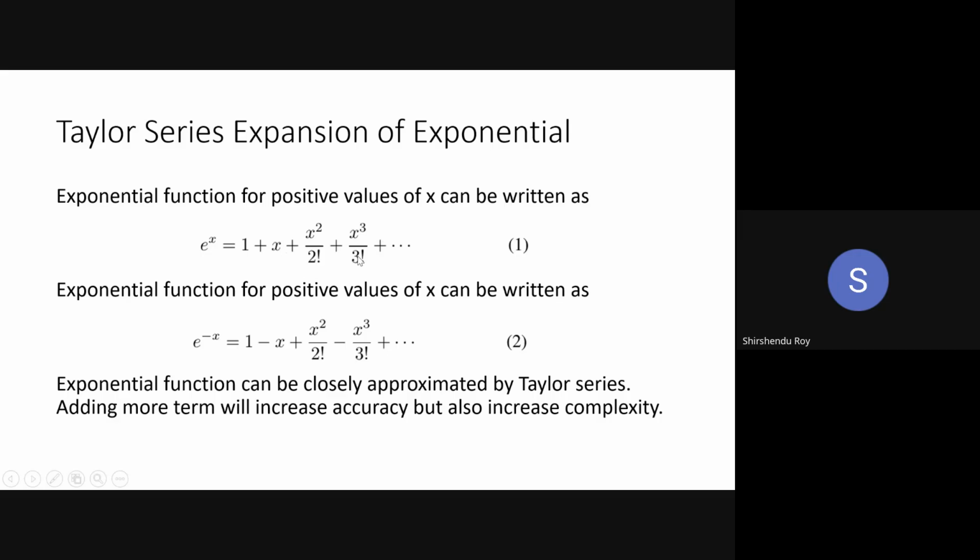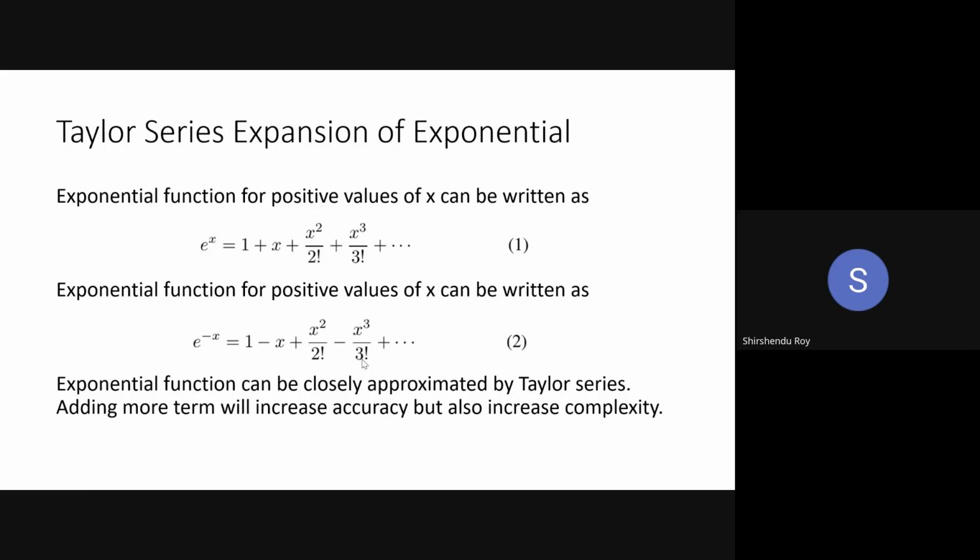I think these four terms of the Taylor series can give you an approximation of the exponential. The range, again, is 0 to 1. If the value of x is negative, then we use equation 2: 1 minus x, plus x squared by factorial 2, minus x cubed by factorial 3. Factorial 3 means 3 into 2 into 1. Factorial 2 is 2 into 1.